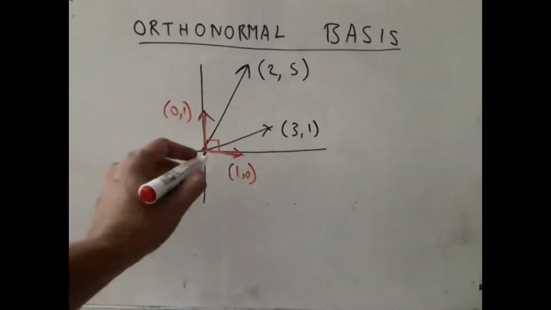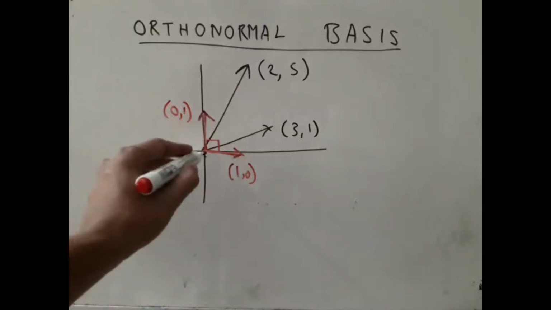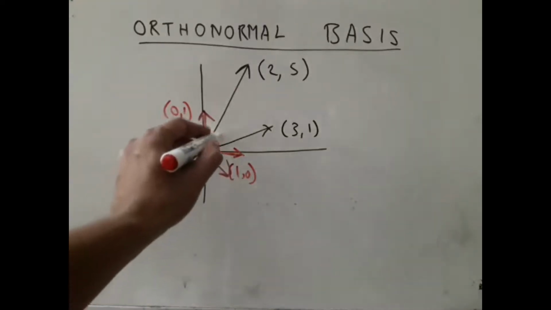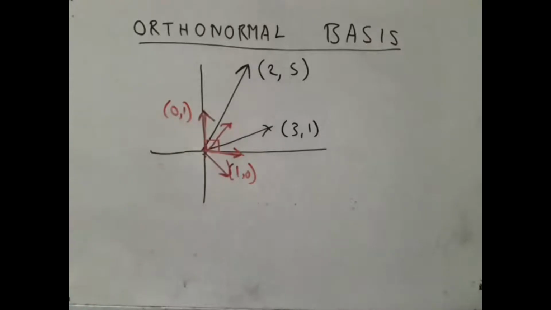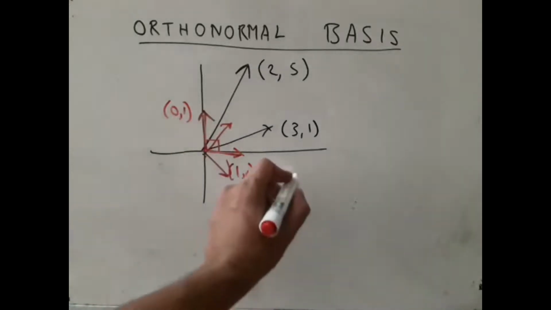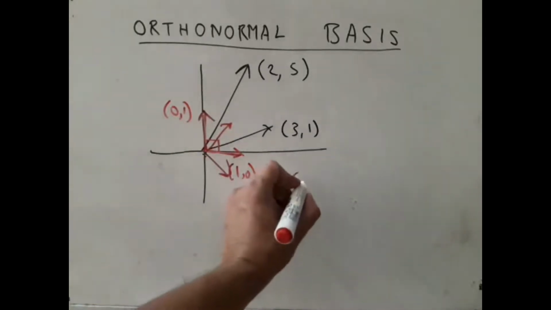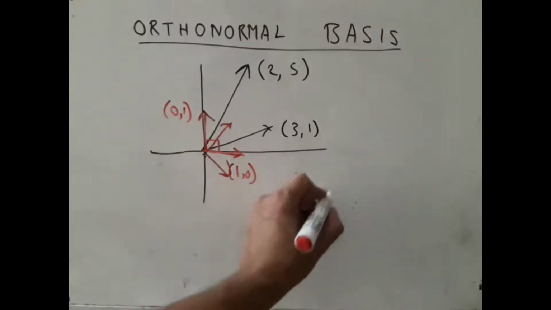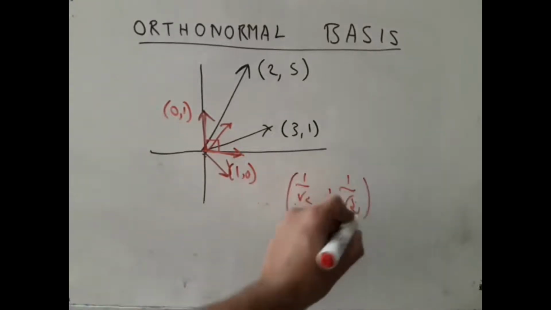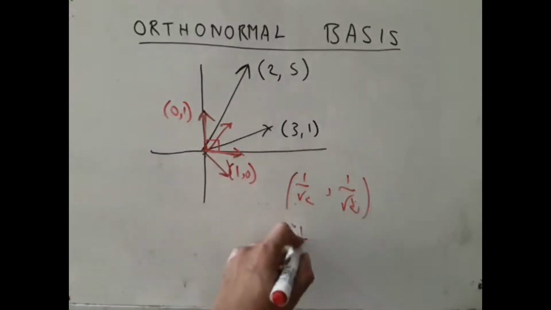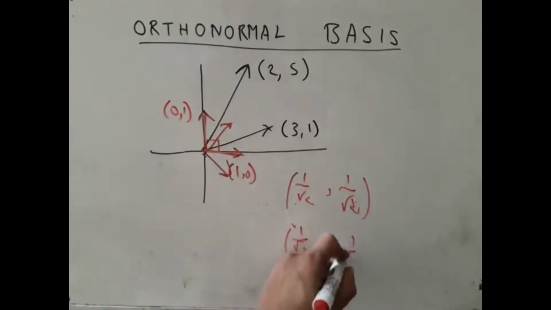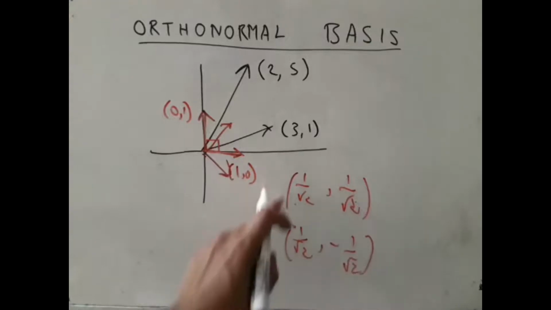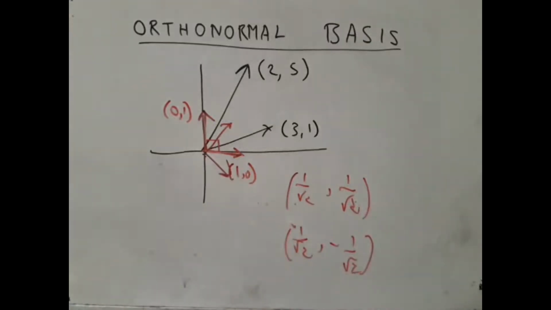You could very well have something which is like this and something which is like this. That is also perfectly okay. For example, I might have one of them as (1/root 2, 1/root 2), and the other one is (1/root 2, minus 1/root 2). They will constitute an orthonormal basis of R2.